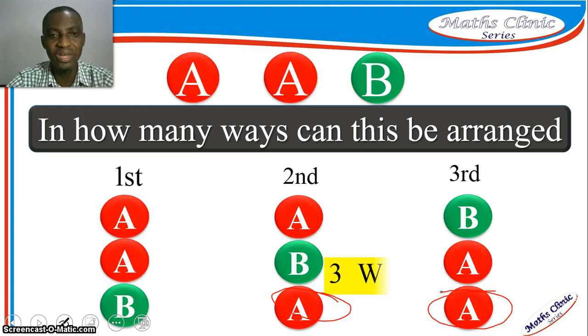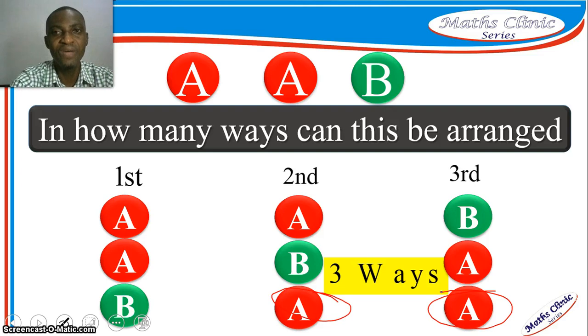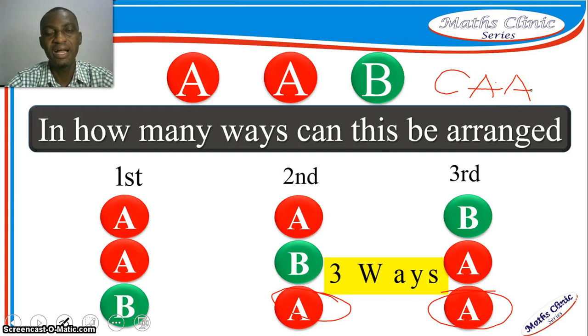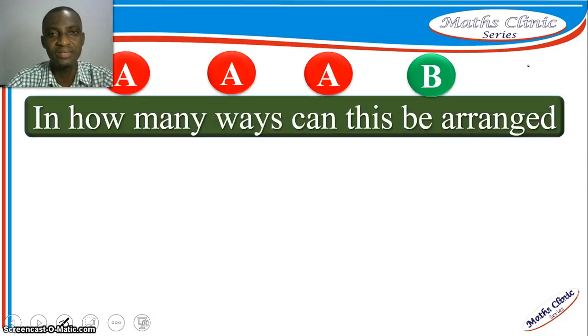And so here we say we have three ways of arranging AAB when the two A's are repeating. It's like if I asked you to arrange a car like this. Because we have two of the A's repeating, we'll get the same arrangement as three ways.